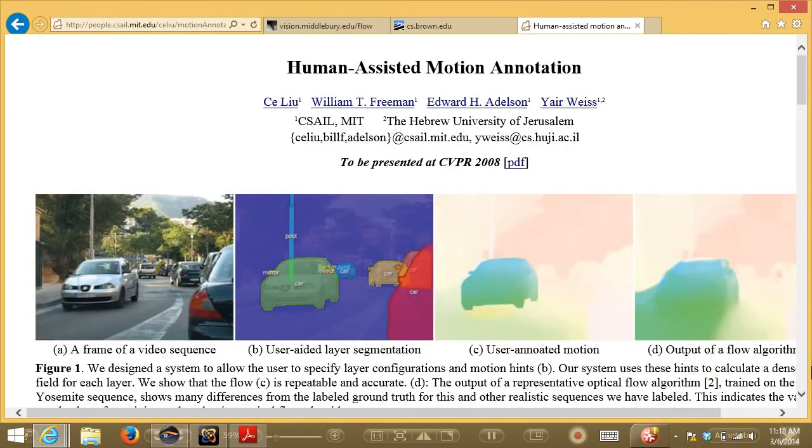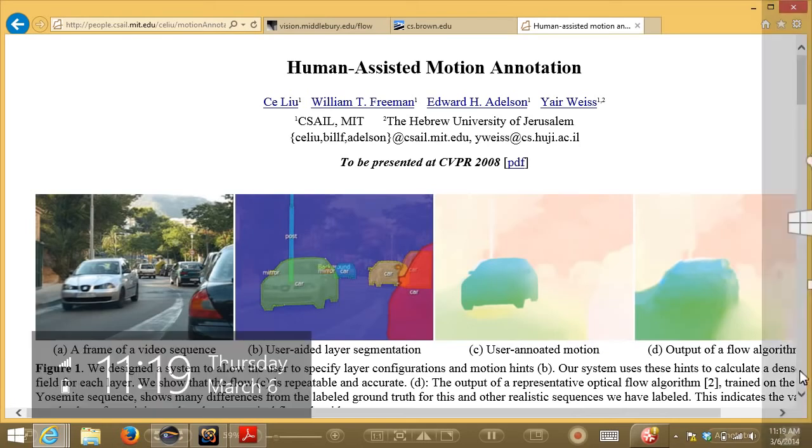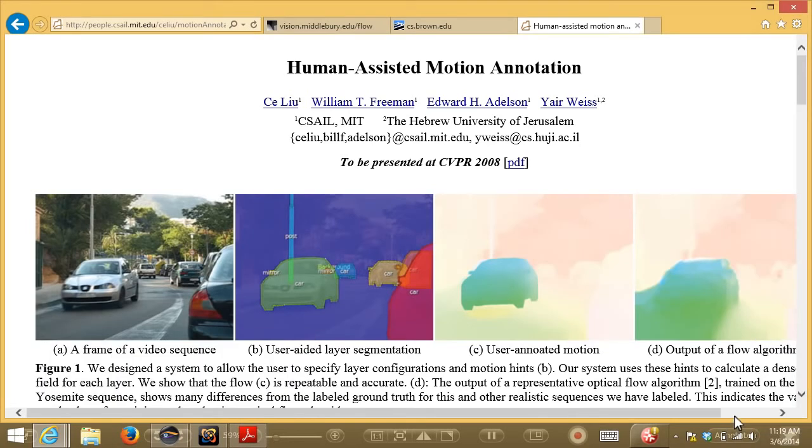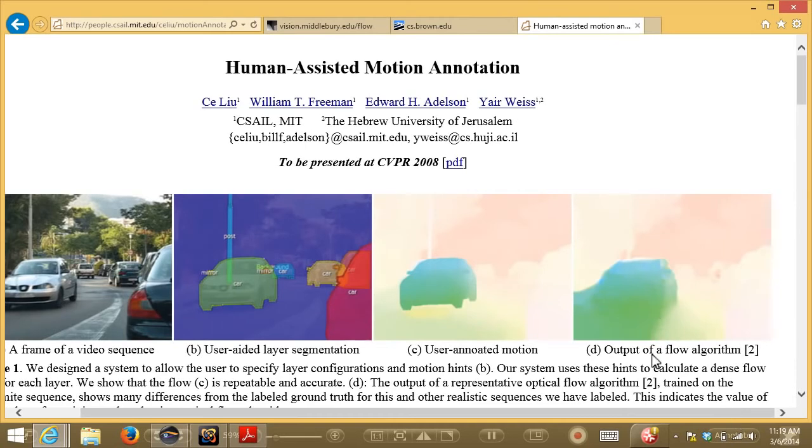is the following. You have a video sequence, for example, where I want to estimate the flow. The right-hand image may be the kind of result that you would get from applying a generic optical flow algorithm, where the colors represent, for example, the orientation of the flow vector, and the depth of the color represents how strong it is.